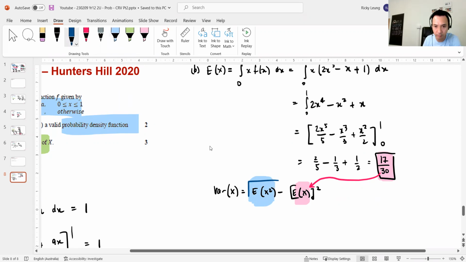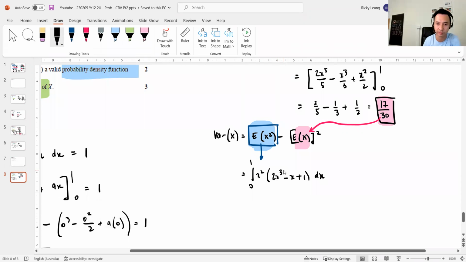It's going to be the integral from 0 to 1 of x squared times the function, right? Let me just do that first and I'll plug in the pink bit later. Integral 0 to 1 of 2x to the 5 minus x cubed plus x squared dx.